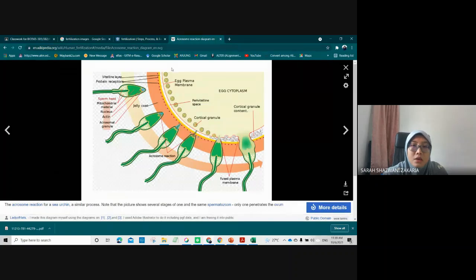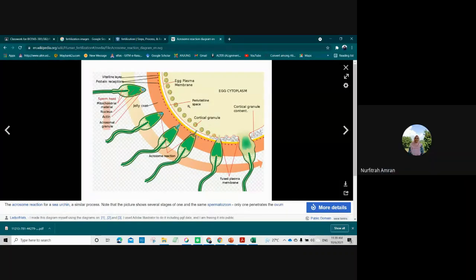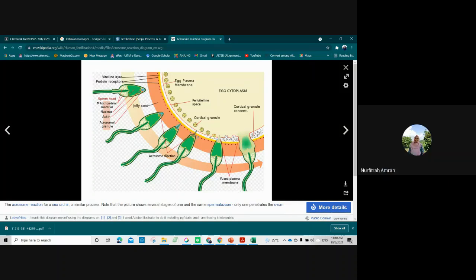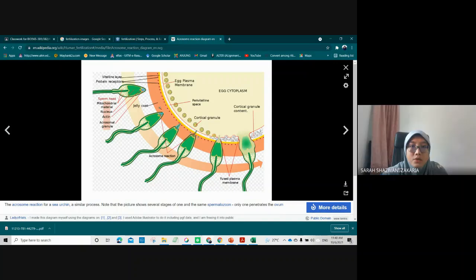This is also a picture to help you understand. The vitelline layer, the plasma membrane, the protein receptor, the zona pellucida, exactly. And we have the jelly coat, vitelline space, and right here the zona pellucida.